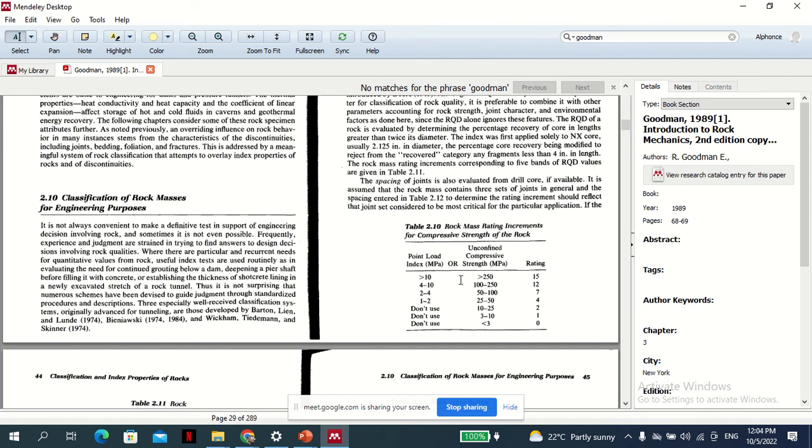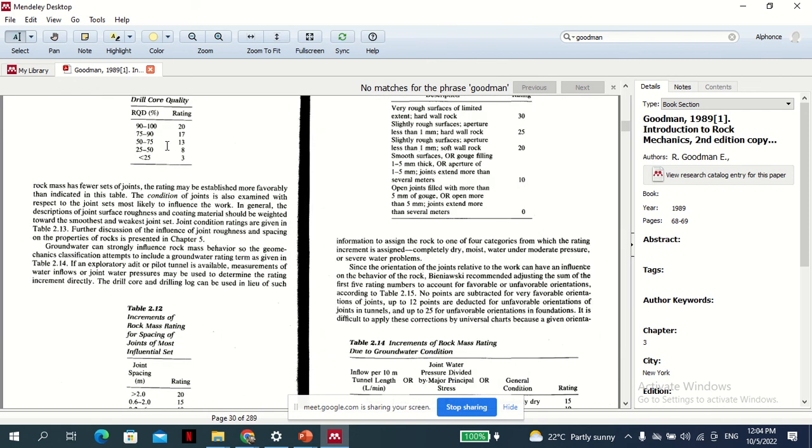So the aspect of the strength is one where you award marks. Again, the RQD: if it is between 90 to 100%, you give 20. 75 to 90, you give 17, and so on. So the first factor is the strength. The second one is RQD.